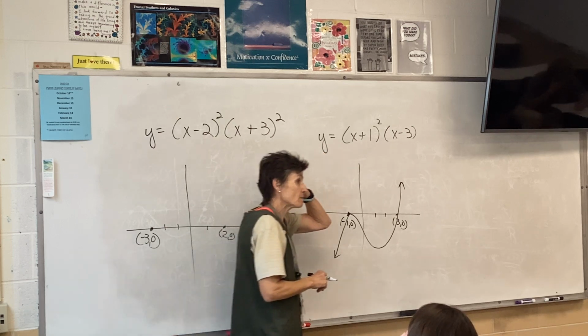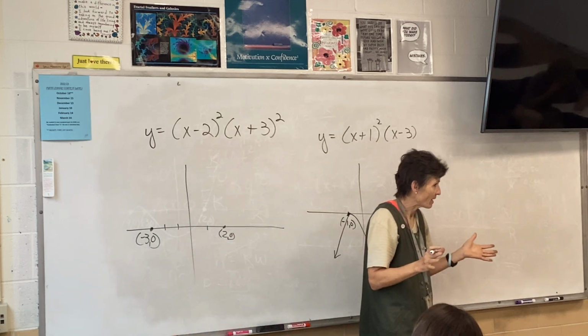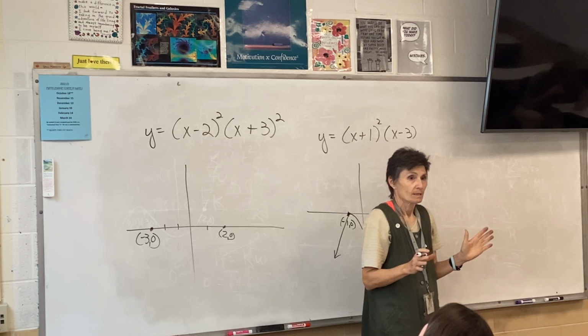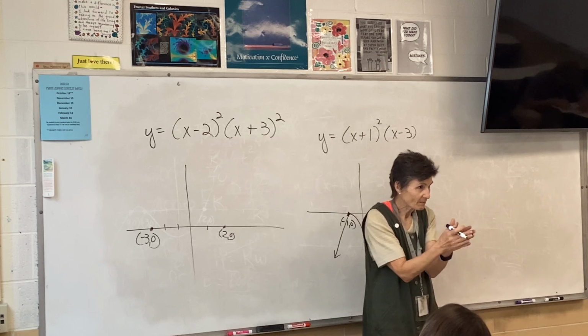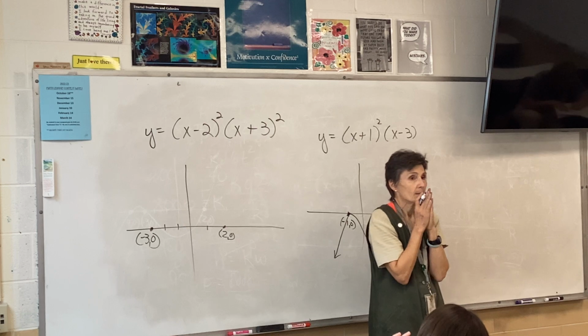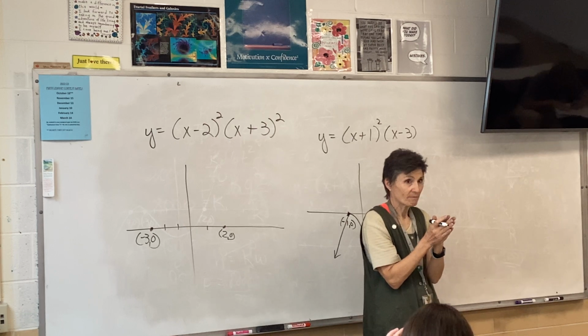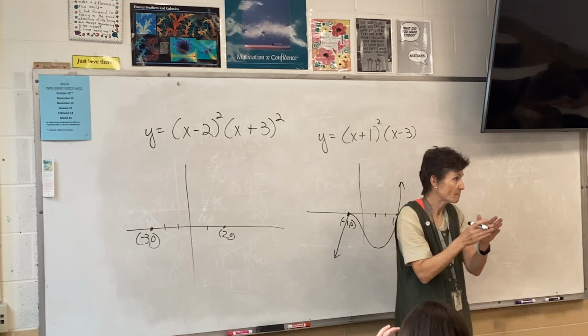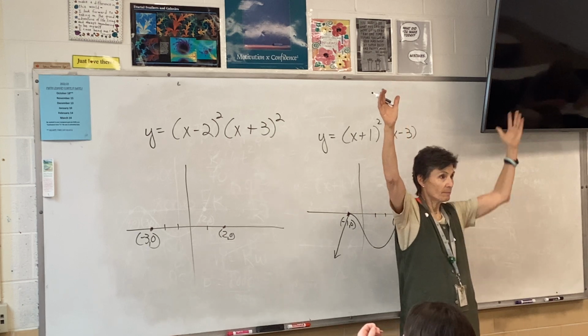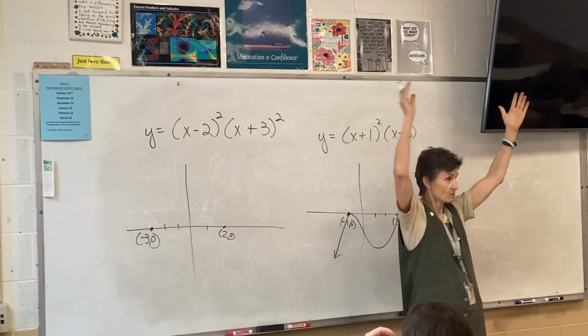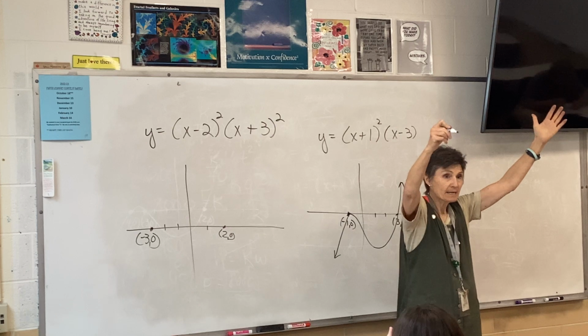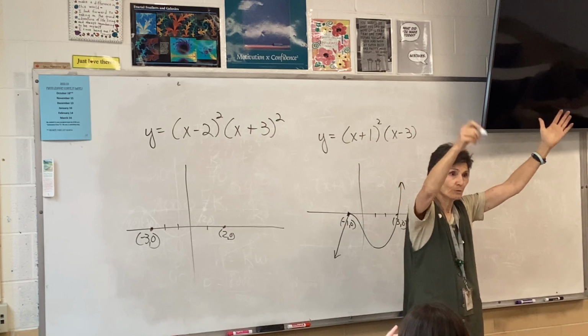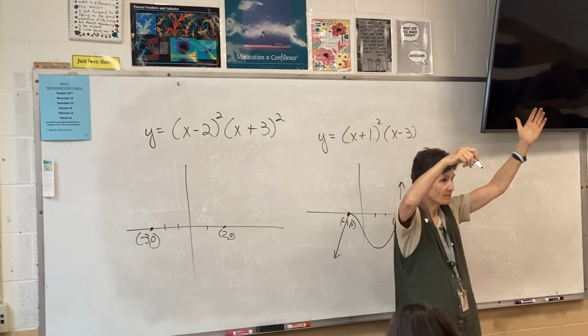Now, x to the 4th is not one of our BFFs. So I'm gonna give you another piece of information. X squared is a BFF, right? And how do x squareds behave? They start up and they're parabolas, right? Any even degree is gonna behave that way.